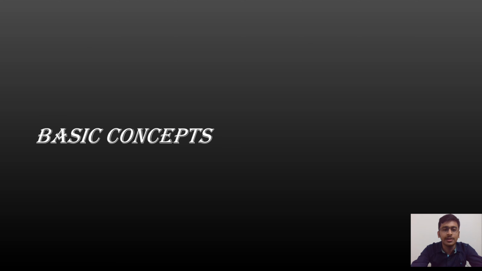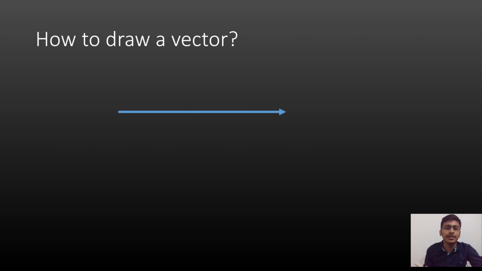We'll understand it with these basic concepts. So first of all, what is a vector? A vector is generally represented by an arrow. This point is its initial point, so I'll write an I here. This point is its final point, so I'll write an F here.